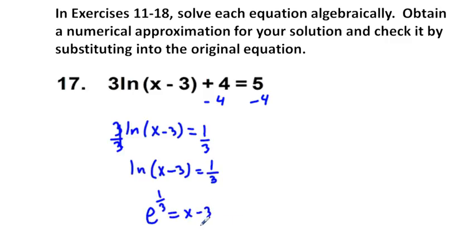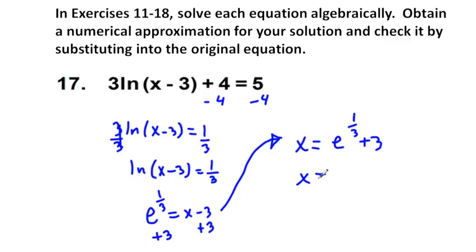So if we add 3 to both sides of this equation, we have x is equal to e to the 1/3 power plus 3, and e to the 1/3 power is the cube root of e, plus 3.